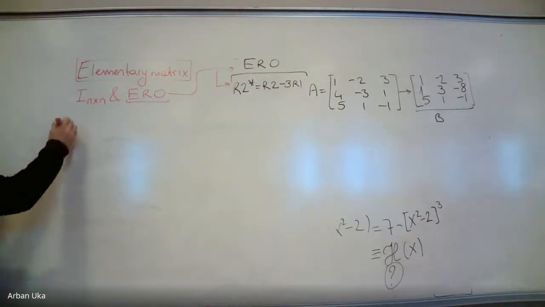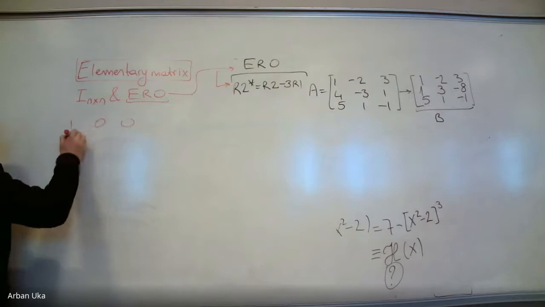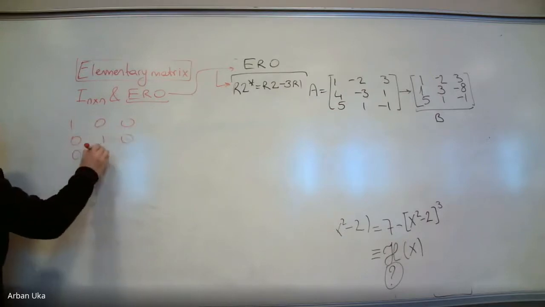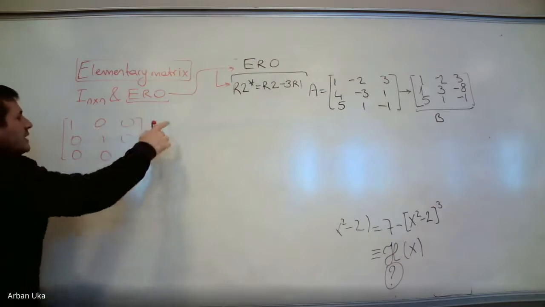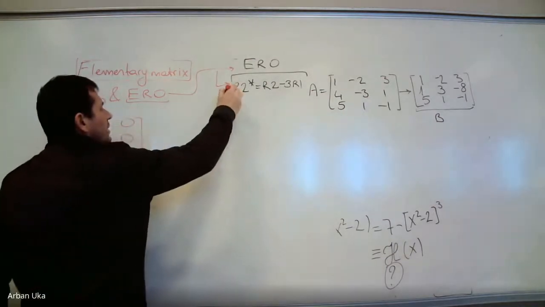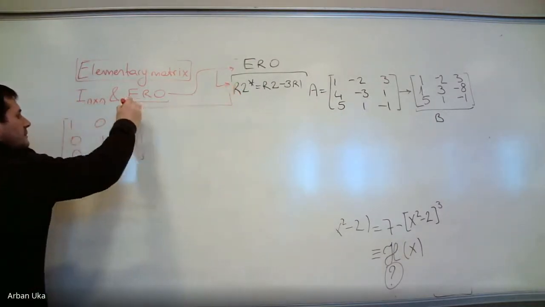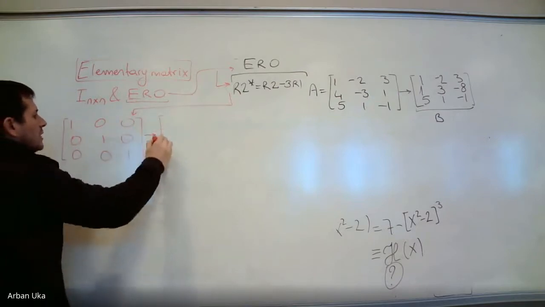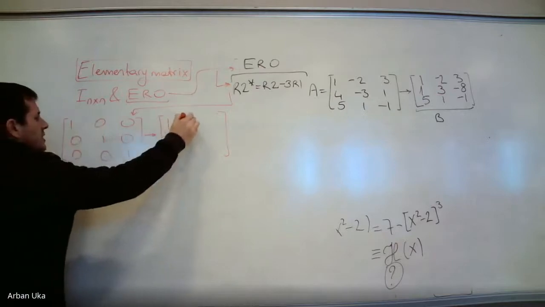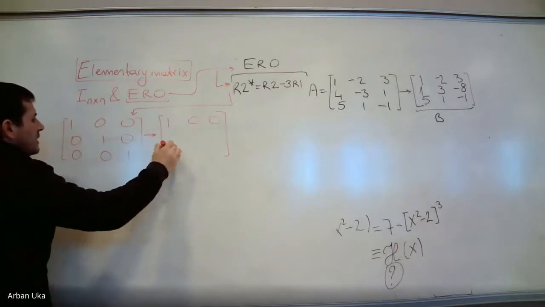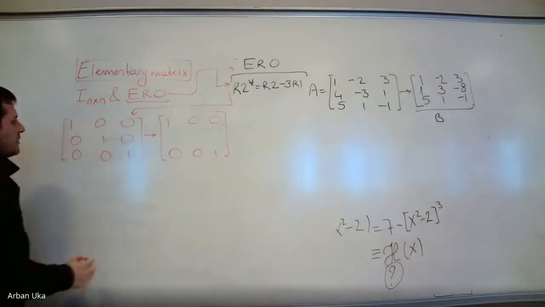Now, let's take the matrix 1, 0, 0, 0, 1, 0, 0, 0, 1. Let's try to apply this elementary row operation to it. So what are we going to get here? The first row does not change. The last row doesn't change either.